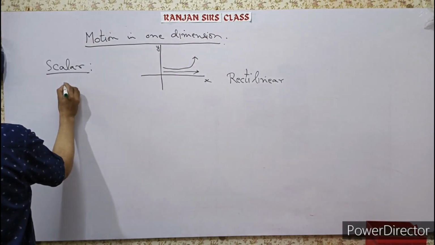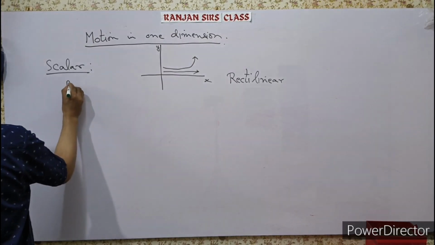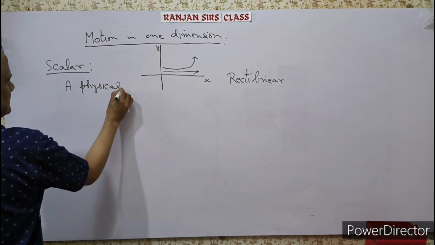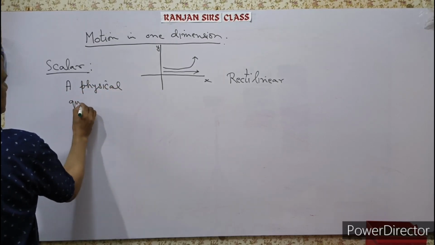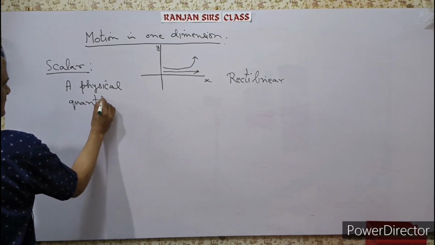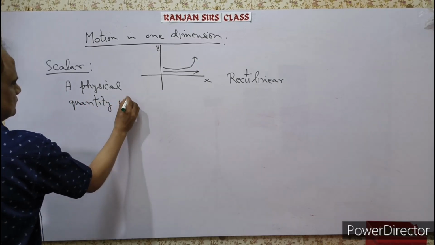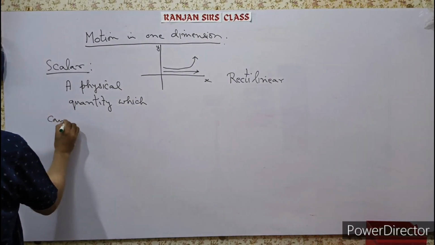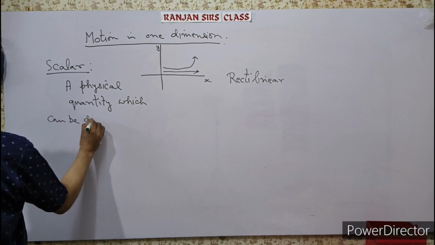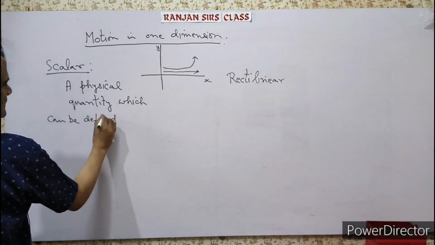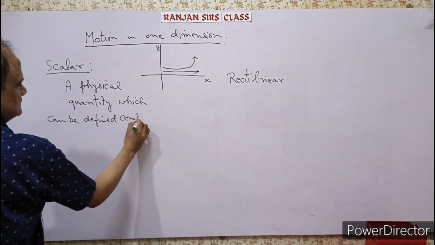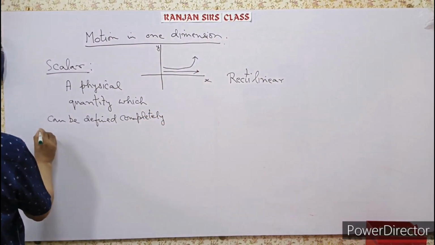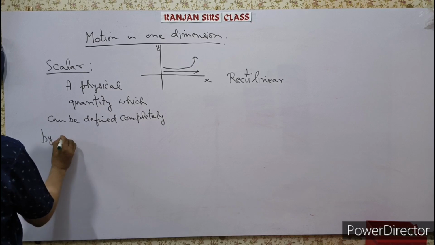Something, write down, a physical quantity which can be defined completely by stating only the magnitude.